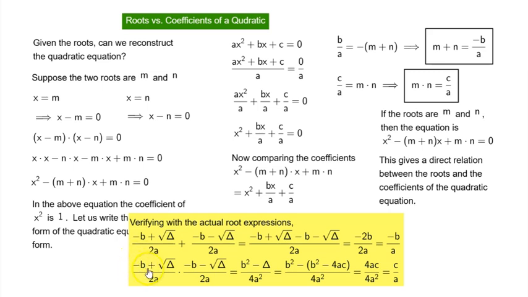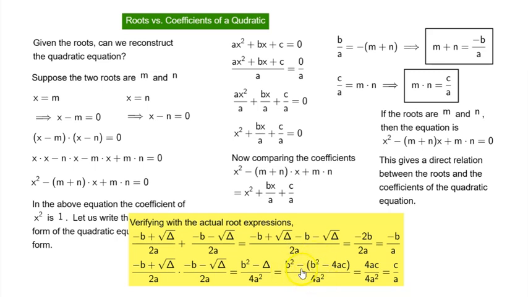So minus b square will be b square, minus square root of delta square will be delta, divided by 4a square, which is equal to b square minus delta, and delta is nothing but b square minus 4ac, divided by 4a square.